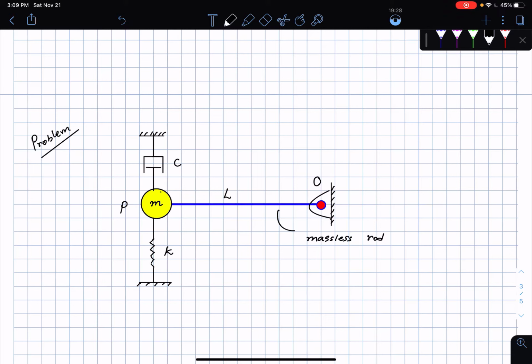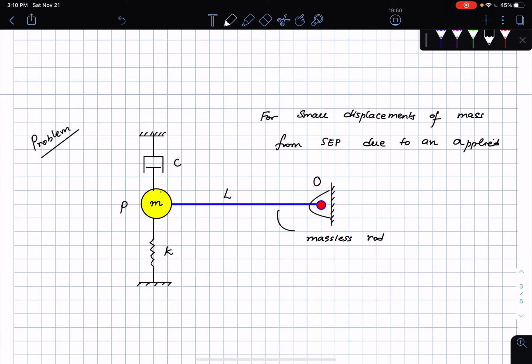The idea is, how do I obtain, for small displacements of the mass from SEP due to an applied torque, let's call that M naught, so here is the applied torque, we need to obtain the equation of motion.